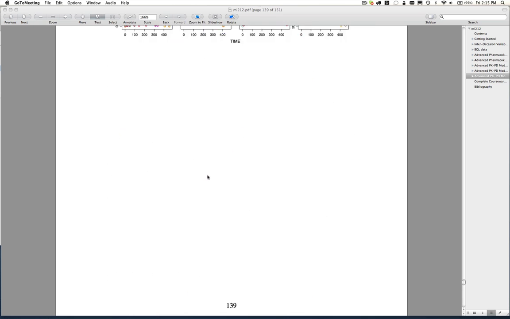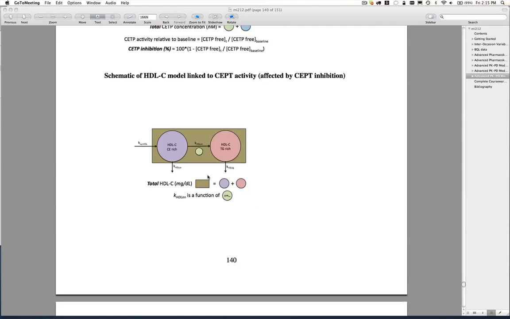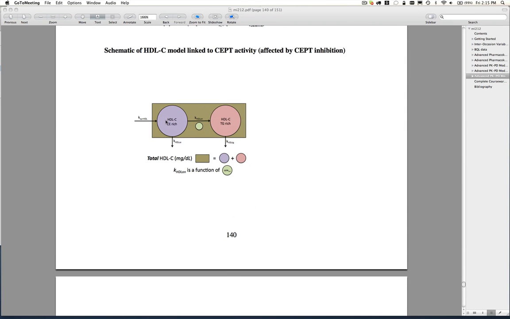So again, in a sense, it's like the transit models that we were looking at before, where our total HDL cholesterol that's measured is actually the addition of the cholesterol ester rich particles and the cholesterol within the triglyceride rich lipoproteins. And there's a transfer rate called here KHDL on that's affected by the amount of free CETP.